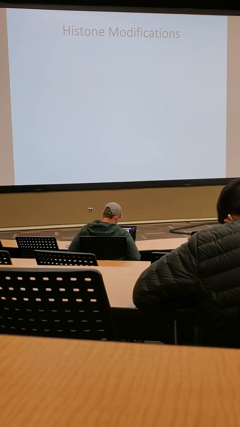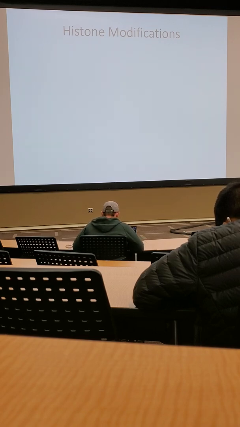Let's scale up to the histone side of things. We're not going to talk a lot about them, except they're highly variable. There are more than 100 different kinds of post-translational modifications to histone proteins. That's the key point here: histones are being modified post-translationally.